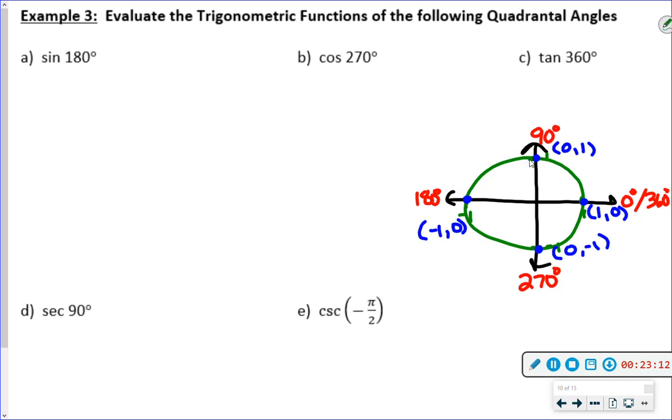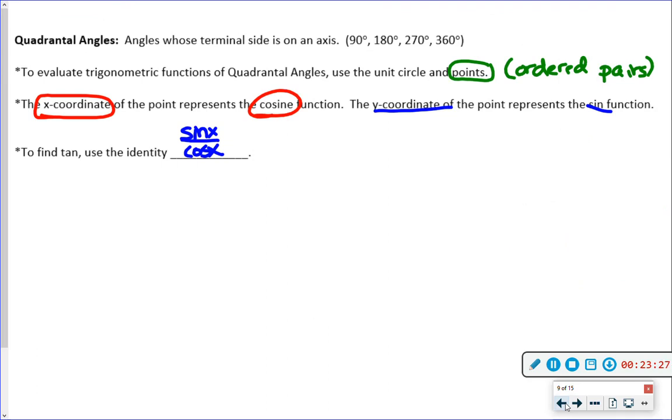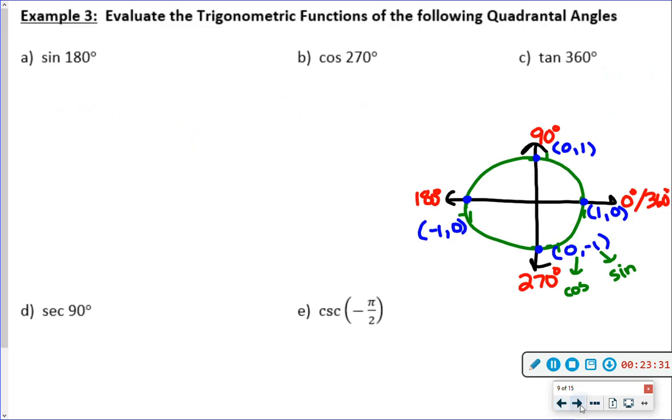Now, remember, the points give you a lot of information because all the x coordinates are the cosine, all the y coordinates are the sine. And if I need tangent, I'm going to have to do sine divided by cosine. Big whoop, but I'm going to have to divide some stuff. Okay. So once you have the picture, you can do all the quadrantals off it.